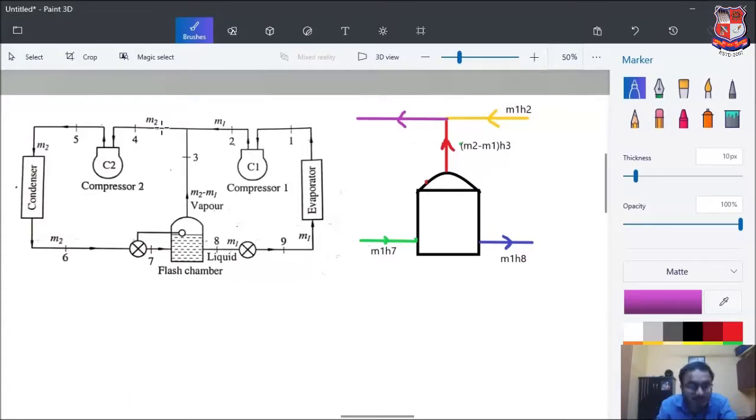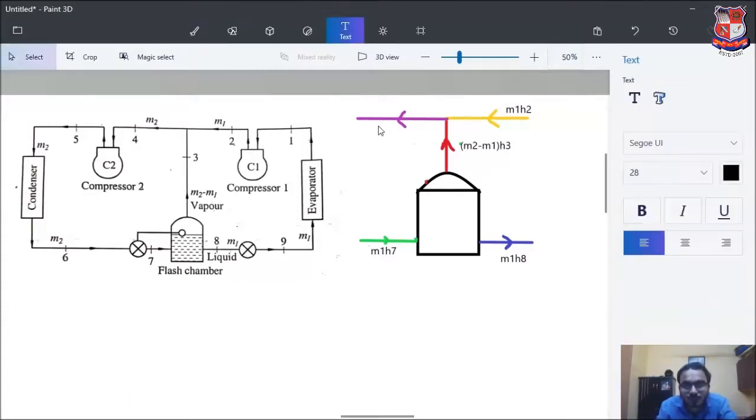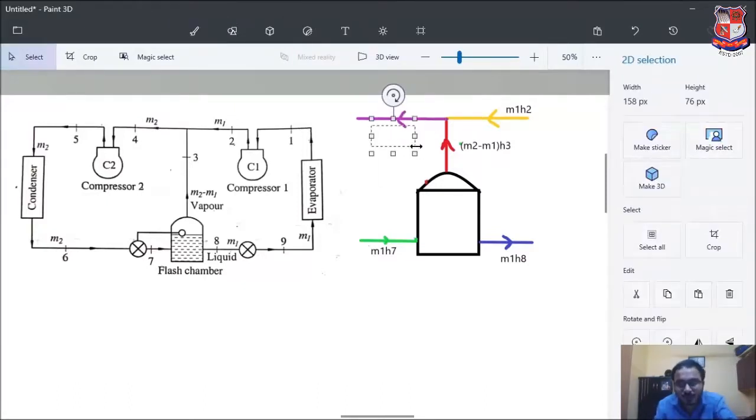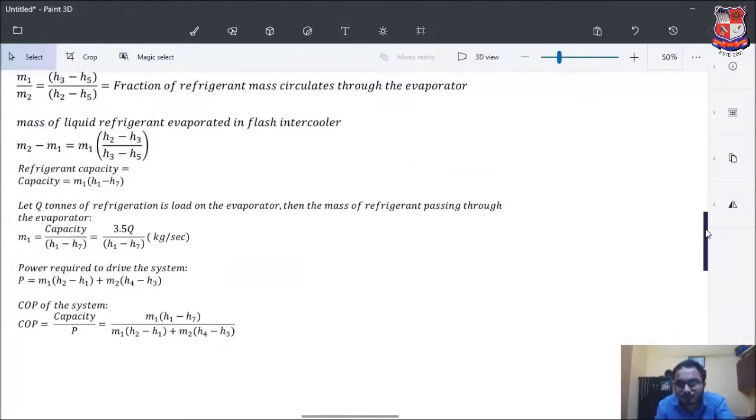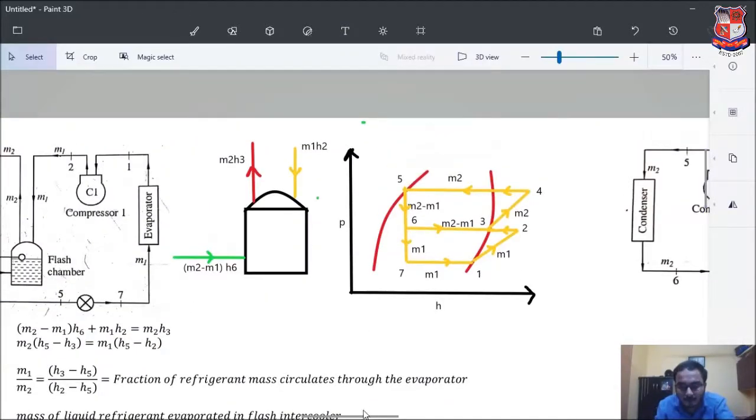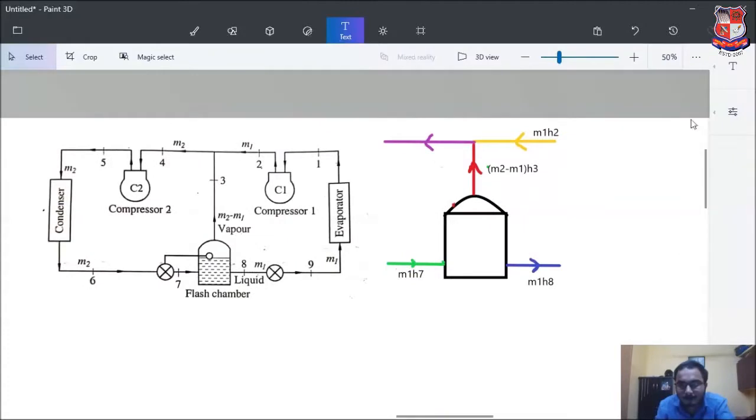As you can see, it should be M2 into H4. So this will be M2H4. So this will be the energy balance at the flash chamber.